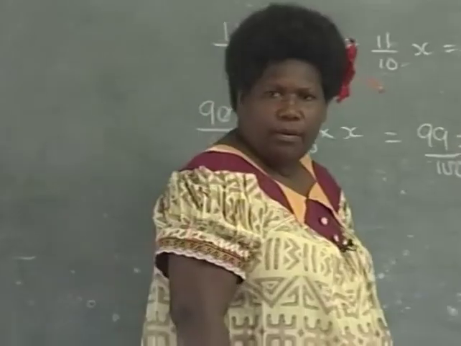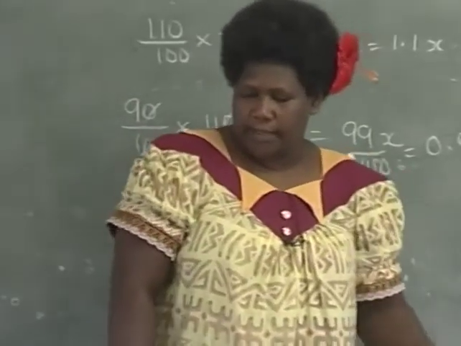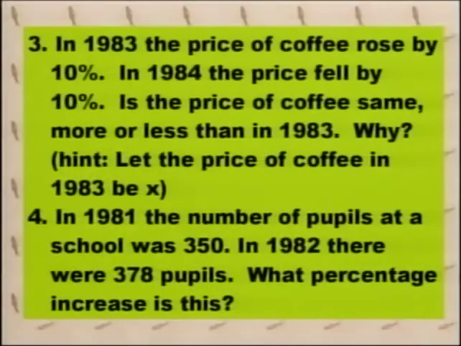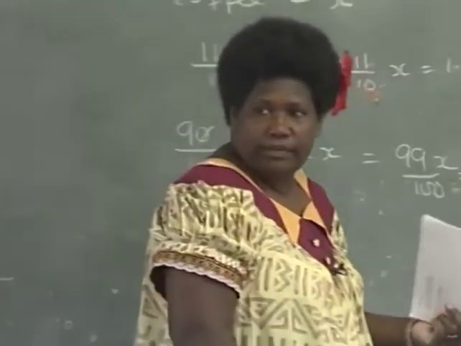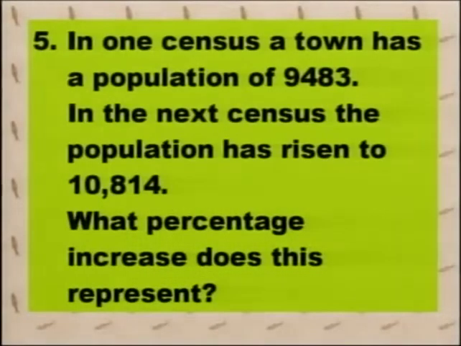Okay, number 4. Raylene, in 1981, the number of pupils at a school was 350. In 1982, there were 378 pupils. What percentage increase is this? 8%. 8%. Very good. Number 5, in one census, a town has a population of 9,483. In the next census, the population has risen to 10,814.